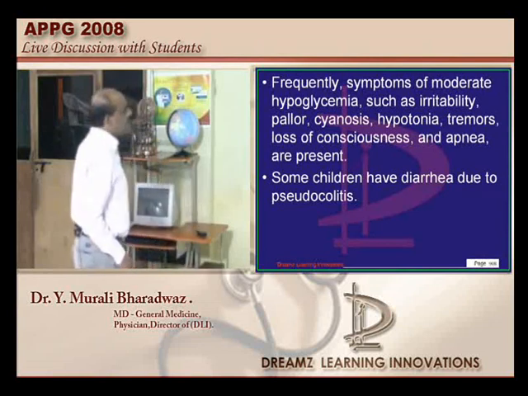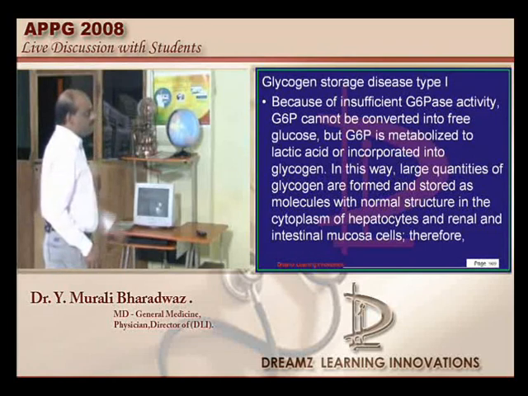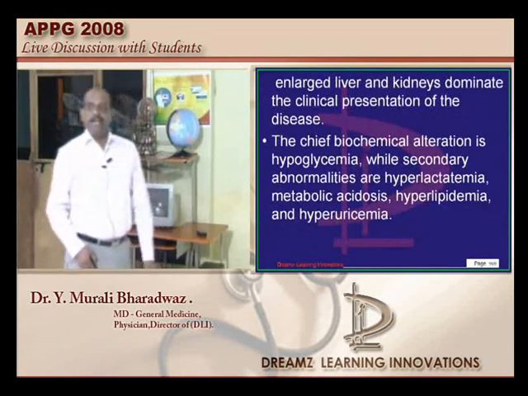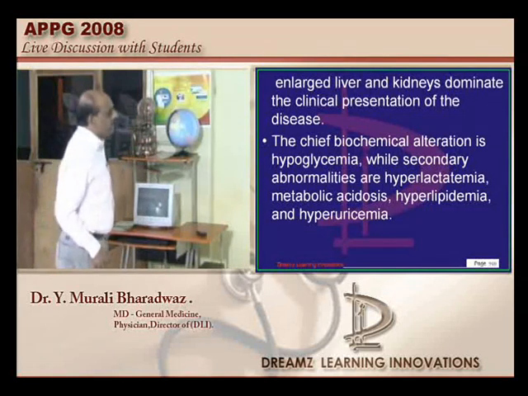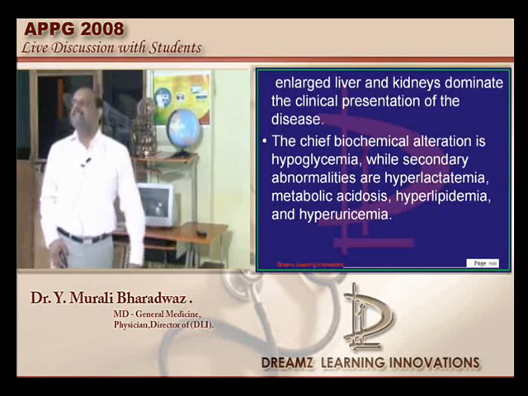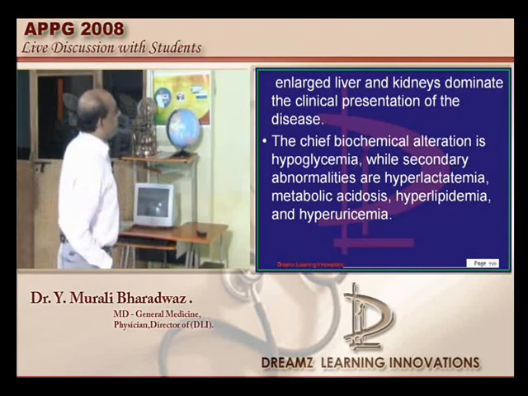Because it is due to deficiency of glucose 6-phosphatase. That prevents the glycogen from being degraded, and causes deposition of glycogen in the hepatocytes, kidney and intestinal mucosal cells. That is the reason clinical manifestations of the liver and kidney dominate the clinical picture rather than muscle problems in von Gierke's, which needs to be remembered.